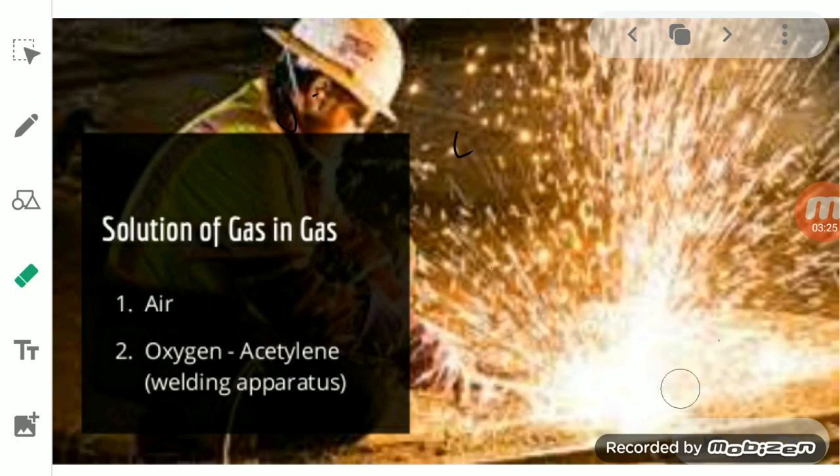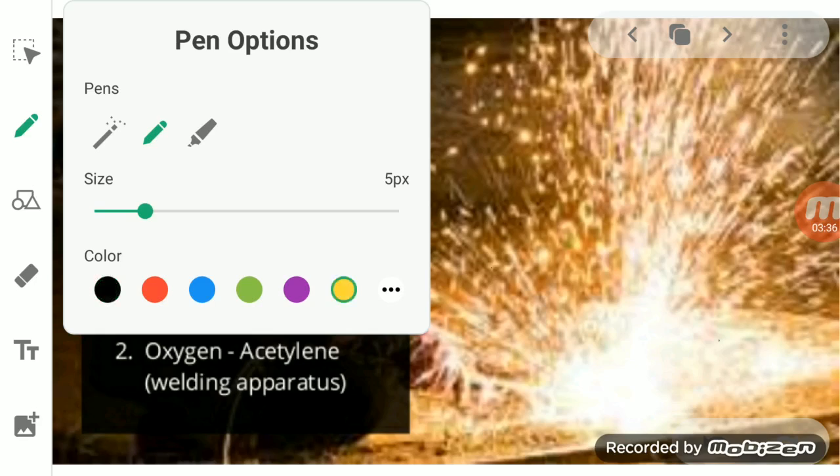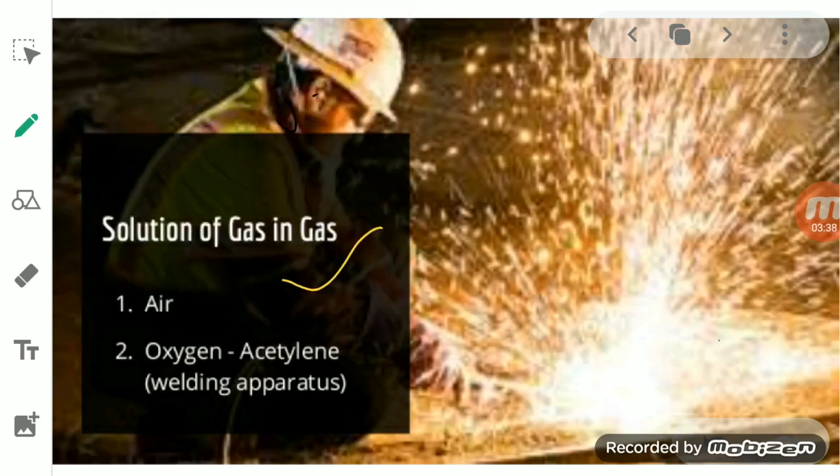So let us start with the different types of solution. The first one is a solution of a gas in a gas. Air is a solution of gases like oxygen, argon, carbon dioxide, water vapor and nitrogen.